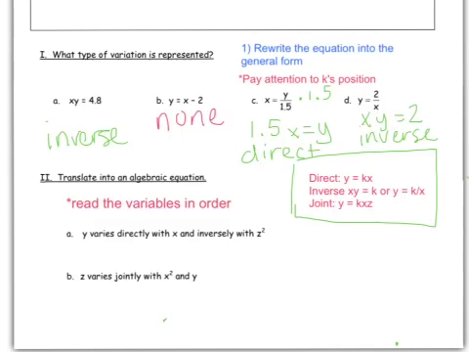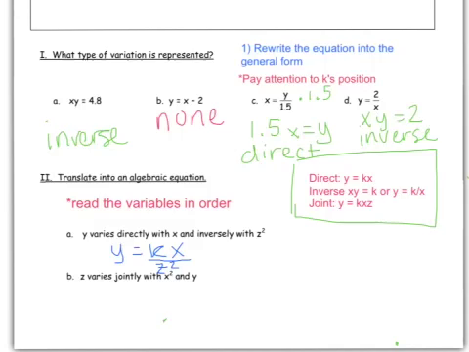Okay, so for the first one, it says y varies directly with x. So y equals k times x, and inversely, so inversely means now it's going to go to the bottom with z squared.